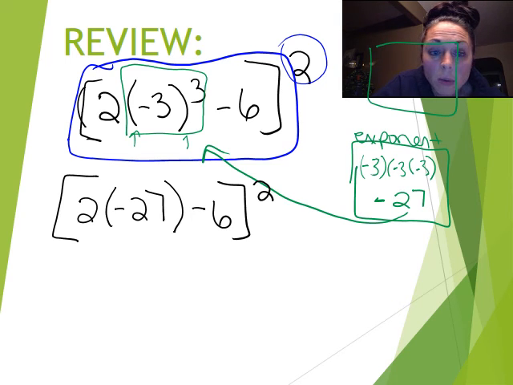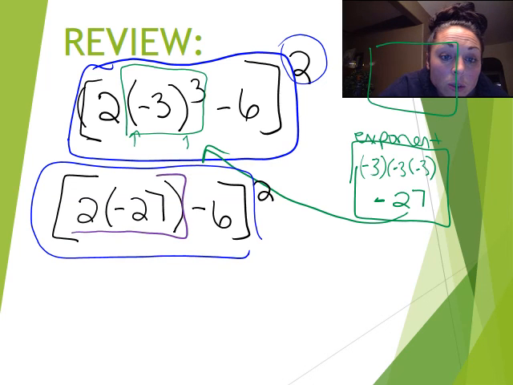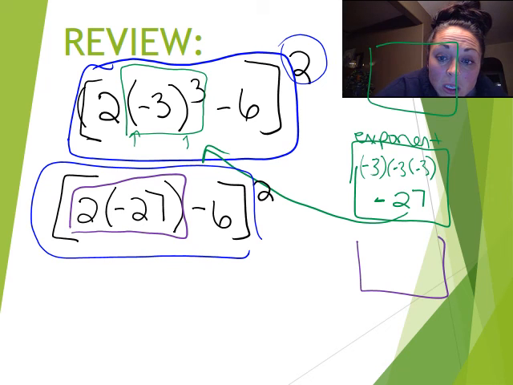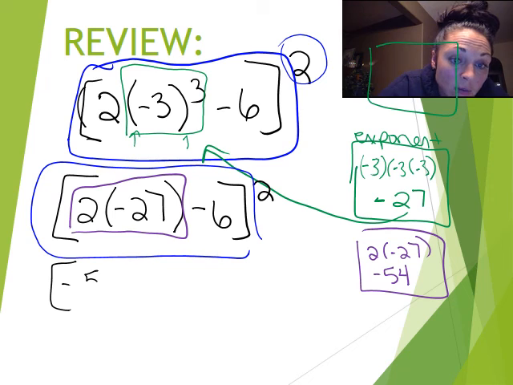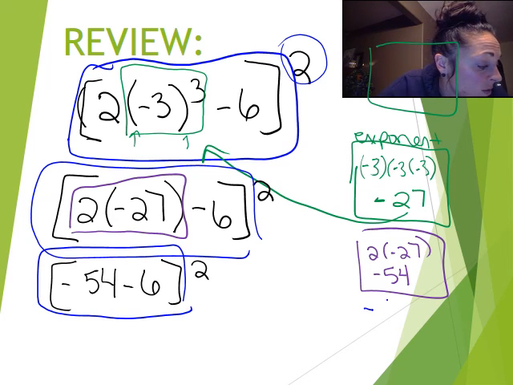Next part in the BEDMAS, I'm still solving my brackets, but inside the brackets, I want to find out what is 2 times negative 27. 2 times a negative 27 is negative 54. So then I go negative 54 minus 6, squared.